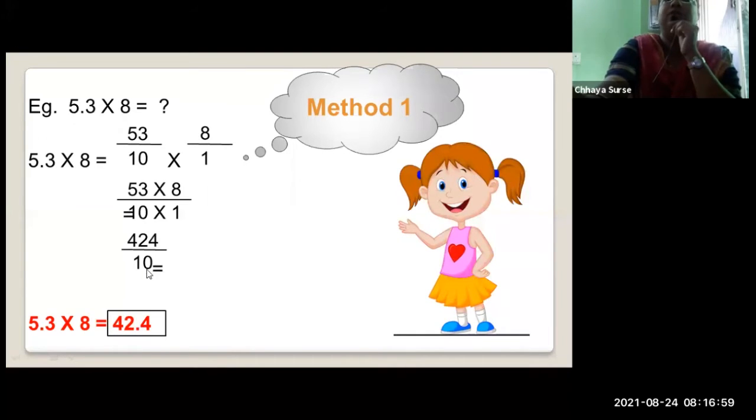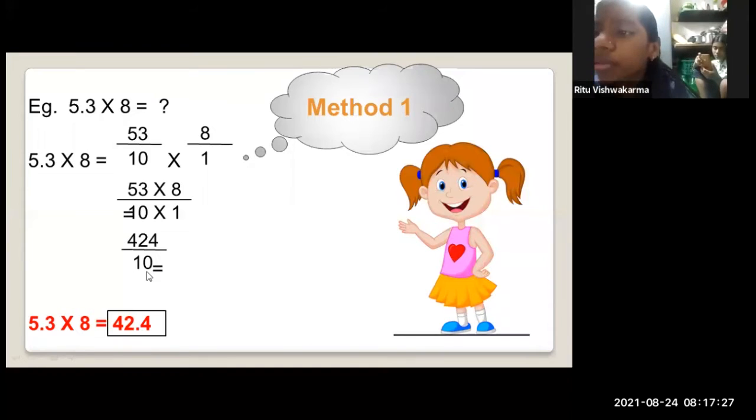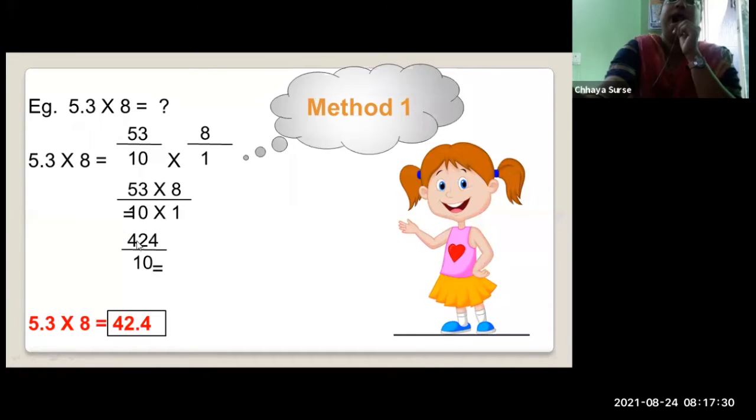Because how many zeros are here? Give me the answer. How many zeros at the denominator place in the 10? One zero.